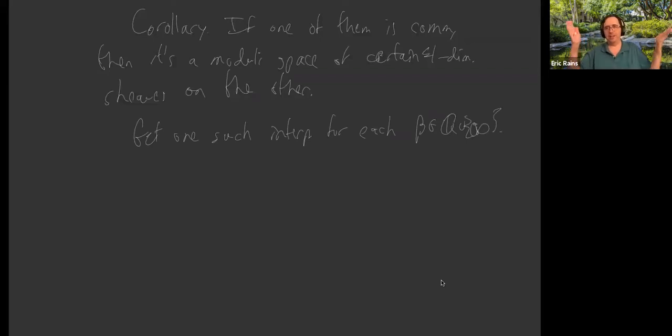Because we're acting by SL2Z, this is one of the natural homogeneous spaces for SL2Z. And each of these gives a different lax pair, or different kind of lax pair for each ruling.